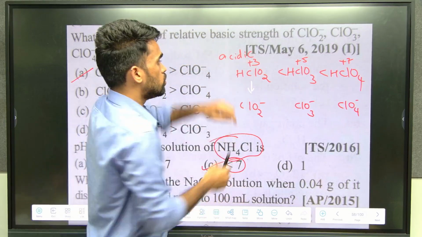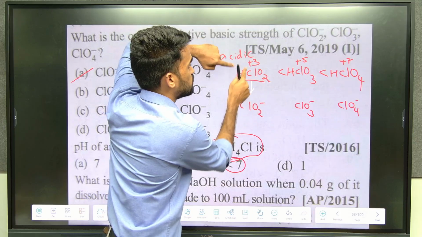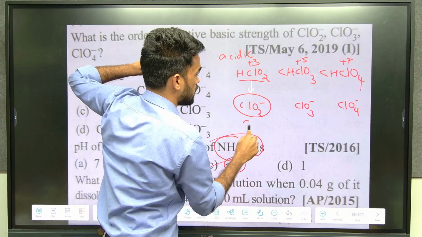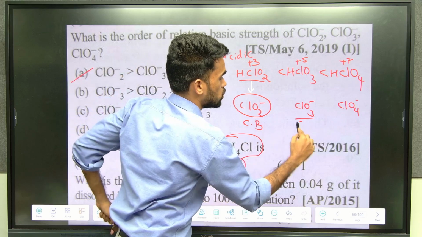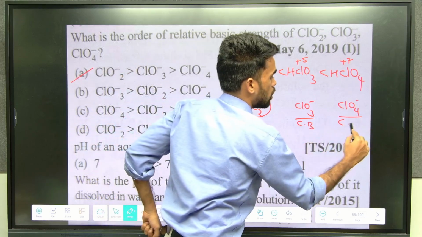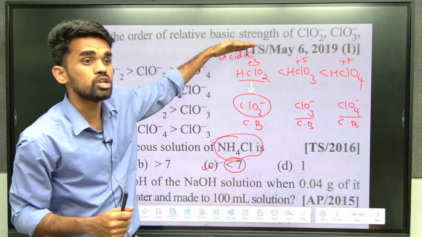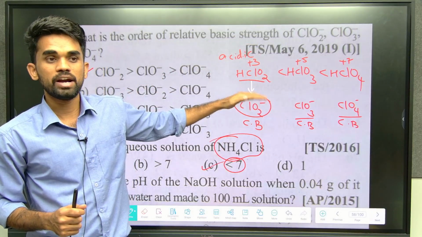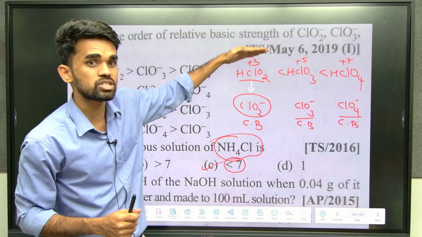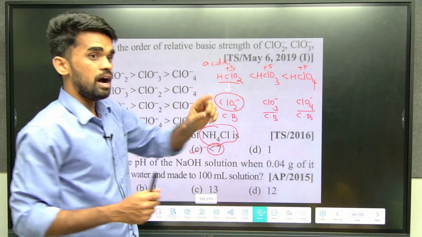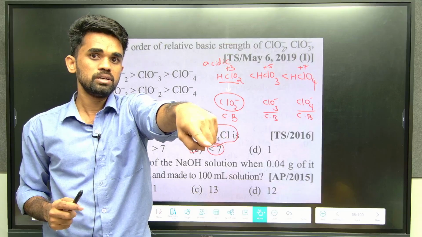Okay. Now if this is an acid, after releasing H plus ion, the remaining part is called conjugate base. This is also a conjugate base now. This is also a conjugate base. Okay. If acid is strong, its conjugate base is weak. What I am saying? If acid is strong, its conjugate base is weak. Okay. Write this statement under the Bronsted acid base concept.